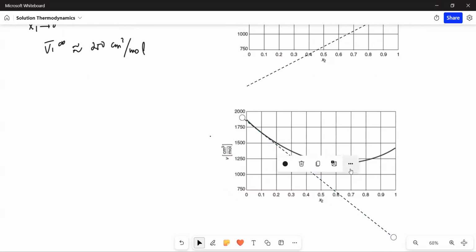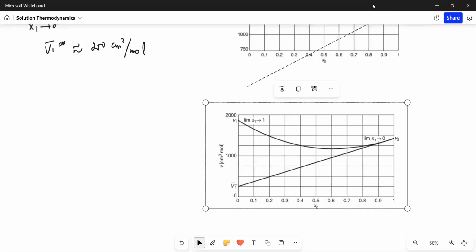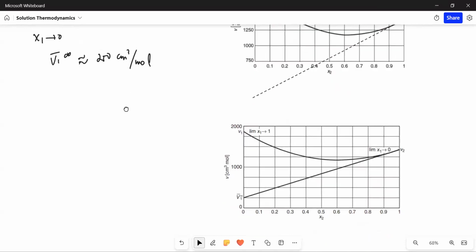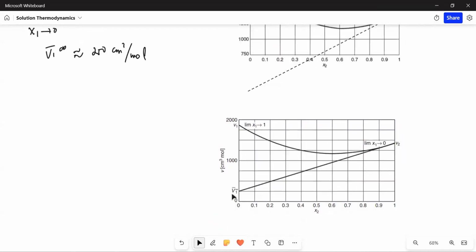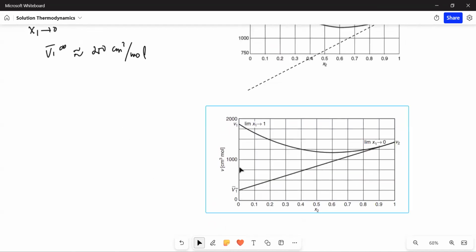Okay, let me find another graph. Hold on. Okay, this is a better graph. This one shows the partial molar volume at infinite dilution of species 1. So this is the answer, about 250 cm cube per mole.